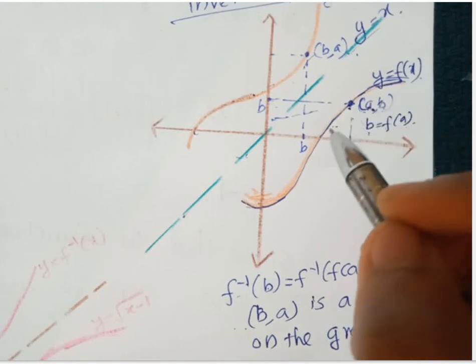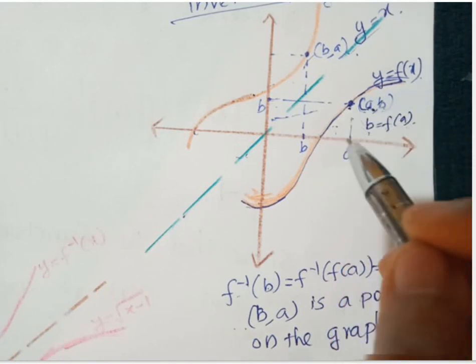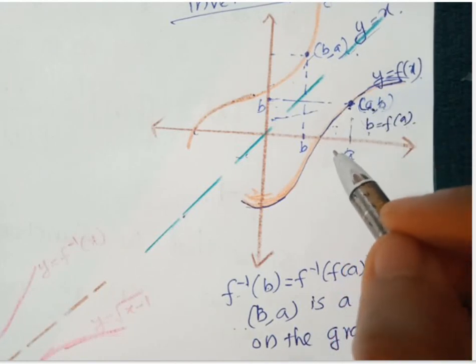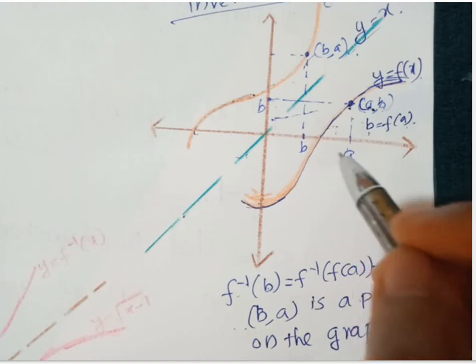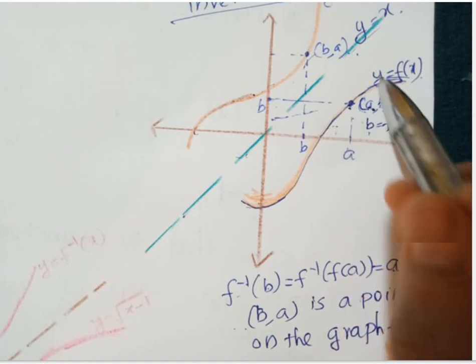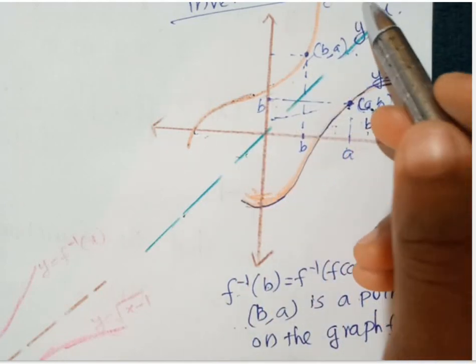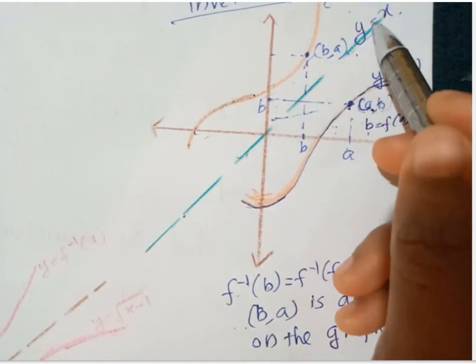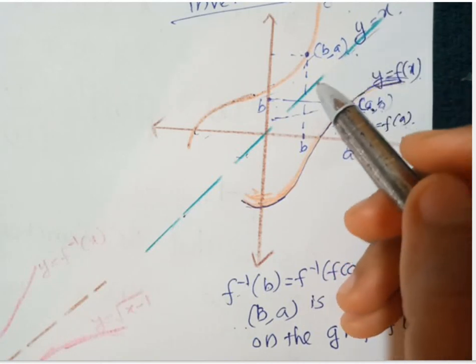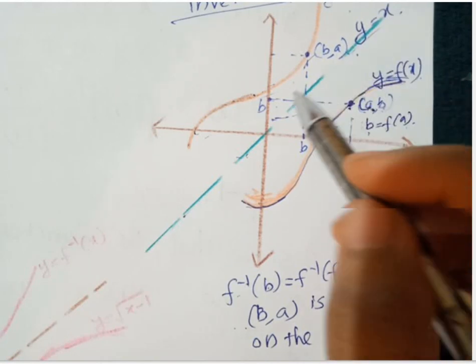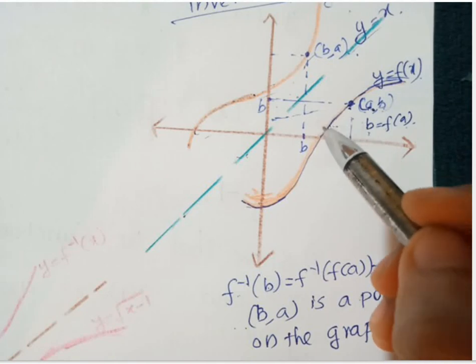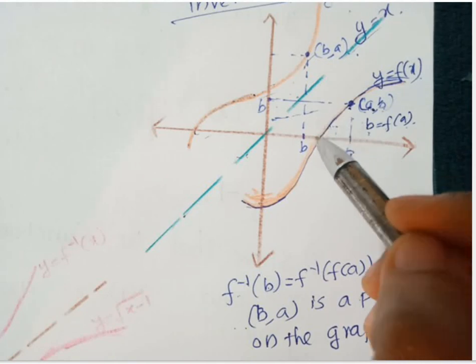So the graph of f inverse is a reflection of the graph of f with respect to y equal to x and vice versa. That is, suppose we have given y equal to f inverse x, then take the reflection along y equal to x, and that reflected line will be the graph of y equal to f of x.